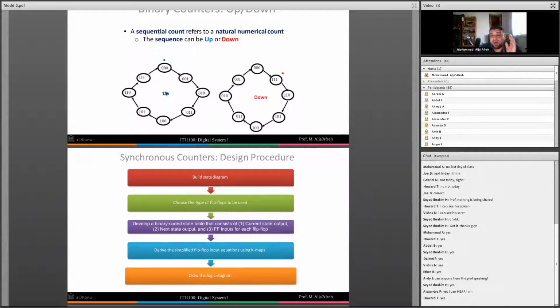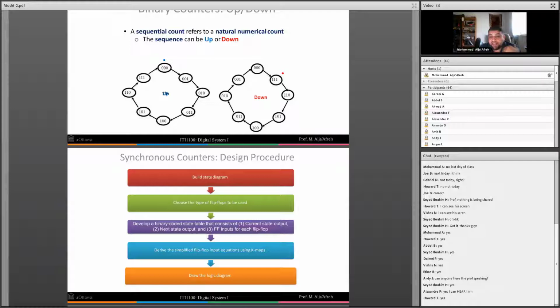Now, you need to decide how many flip-flops you need to include in your design. In these two examples, we have 3 bits, so we need 3 flip-flops. Because with these flip-flops, let's suppose we have A, B, C, we are capable of encoding numbers up to 2 to the power 3, which is equal to 8, and that's why we're good.